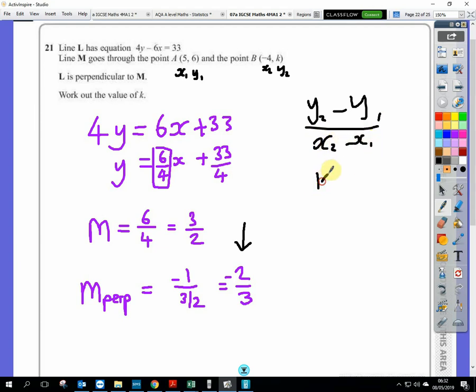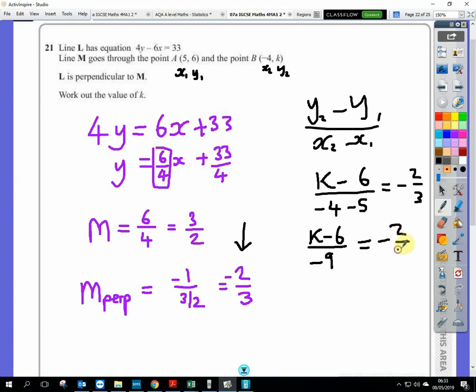So we have k minus 6 over negative 4 take 5. And that's equal to negative 2/3, the perpendicular gradient. If we tidy this up a bit, we have k minus 6 over negative 9 is equal to negative 2/3.